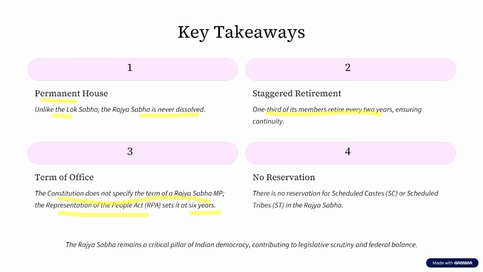Another very important thing is that in Rajya Sabha, there is no reservation for the scheduled castes or scheduled tribes as we see in the Lok Sabha. The new reservation for women is also found only in the Lok Sabha and not in the Rajya Sabha. So these are some of the key takeaways from the chapter on Rajya Sabha. I hope you have understood the concept of Rajya Sabha.